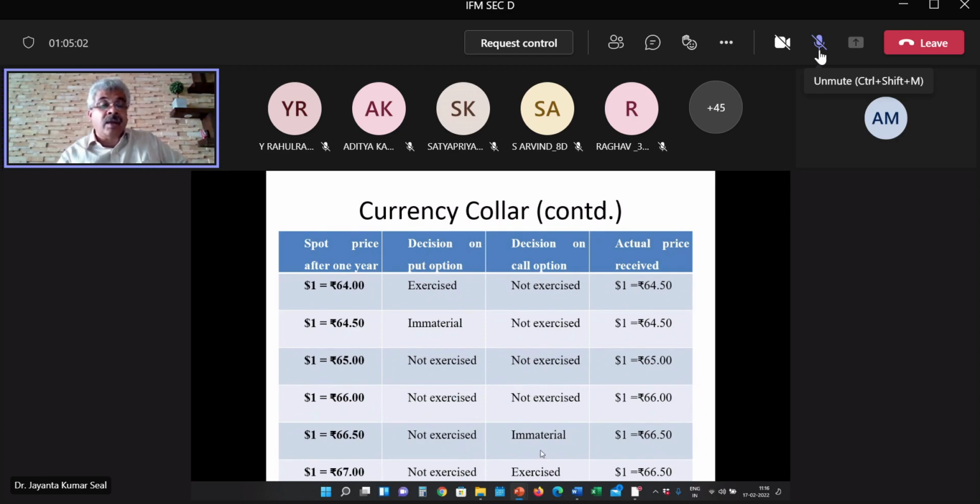You have to sell it in the market at the prevailing market price, 66.5. If it is 67, you don't exercise your right, but he exercises his right. Why? He has the right to buy at 66.5. Market price is 67. So he exercises his right and you have to sell it to him at a price of 66.5. Is that clear?